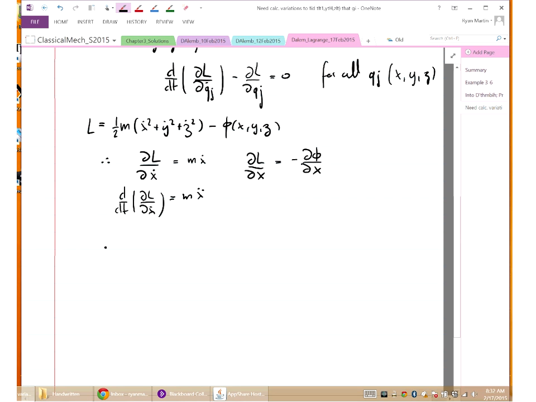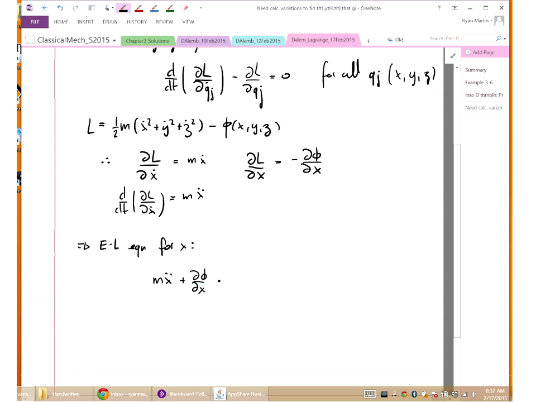So if I put this into the Euler-Lagrange equation for x, I have all the terms now. So I have the d by dt term, so that's m x double dot, and then it's minus the ∂L by ∂qj term, so that's plus ∂phi by ∂x, right?